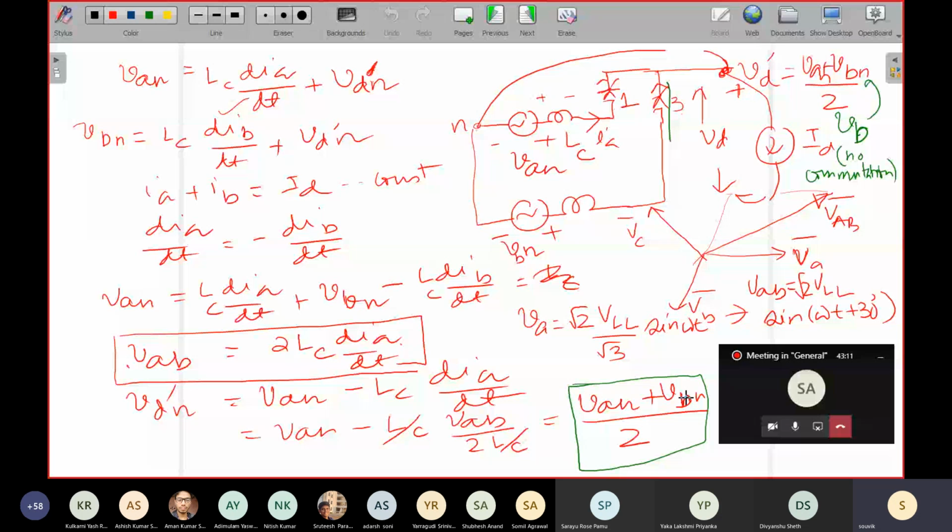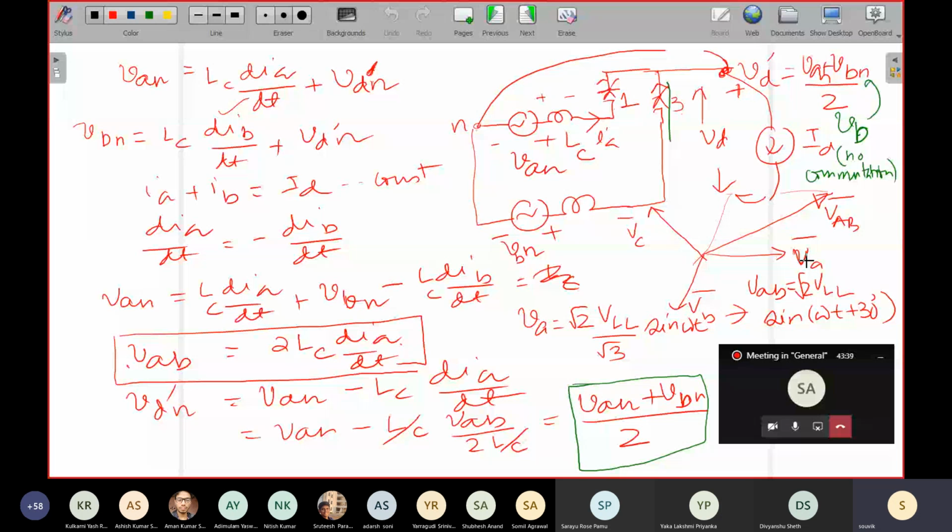That is the voltage here, the rectified voltage, VAN plus VBN by 2. So you see that instead of getting a voltage of VB, we are getting a voltage of VAN plus VBN by 2.